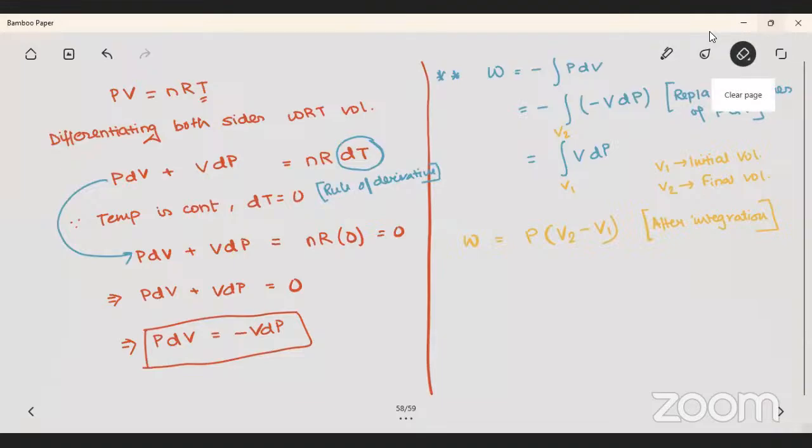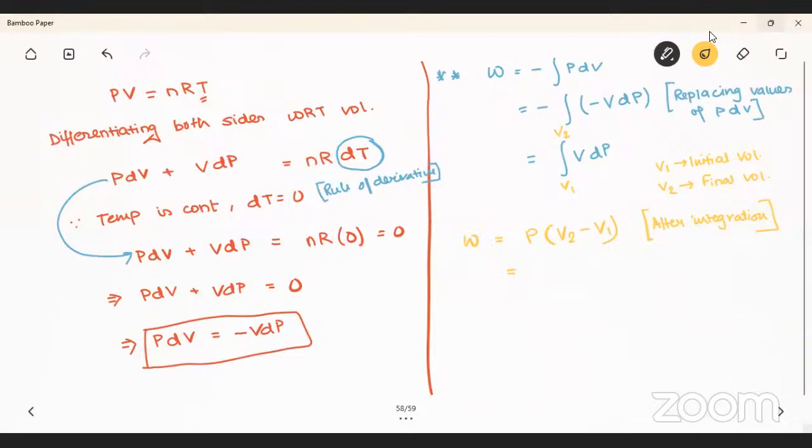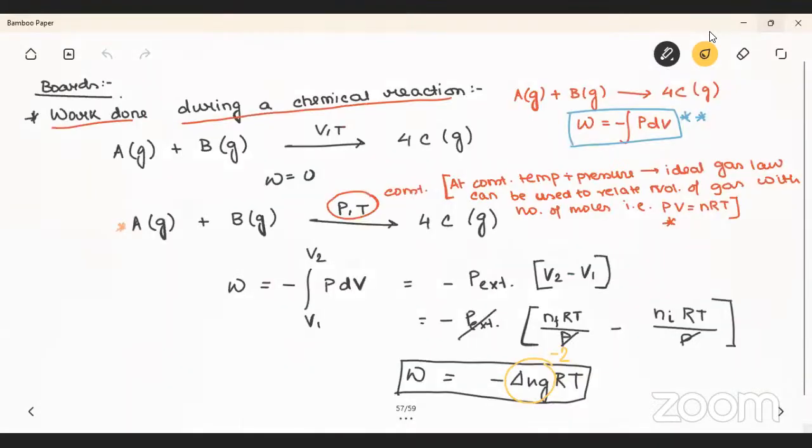What I have done here: minus P external, after getting this part, I have replaced the entire V with final n minus initial n.